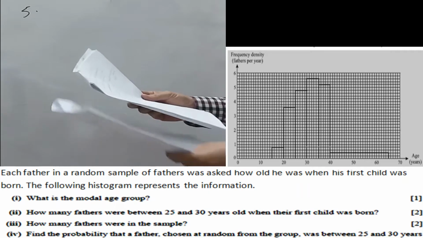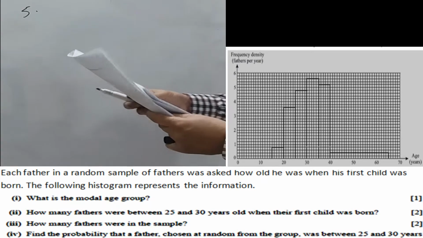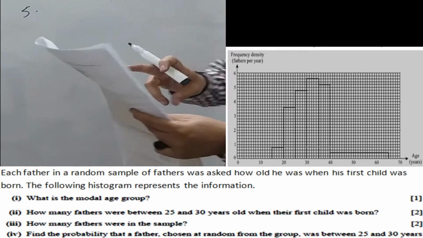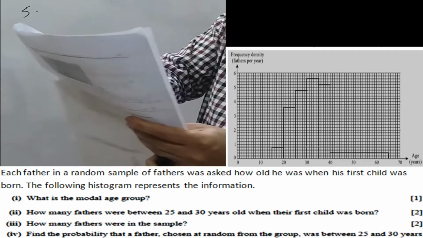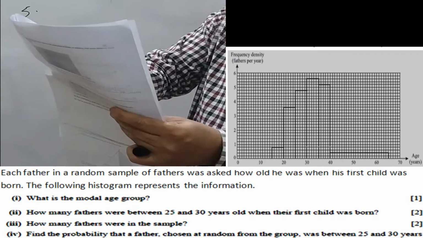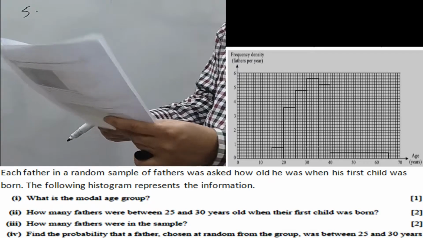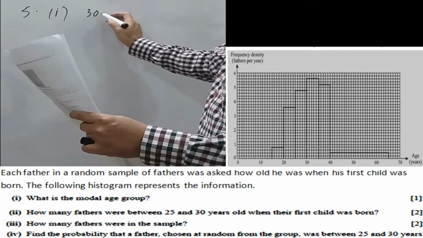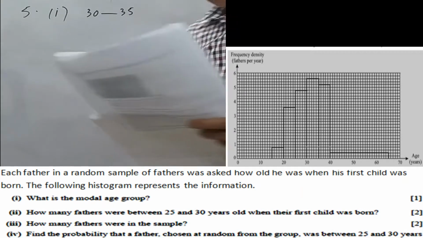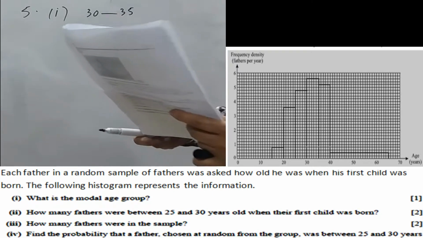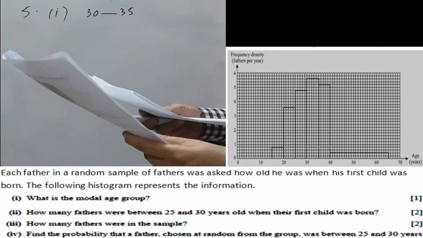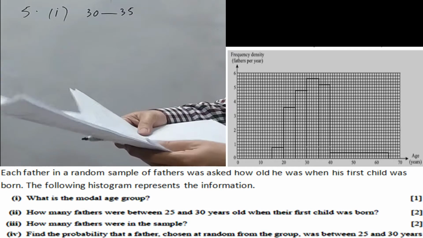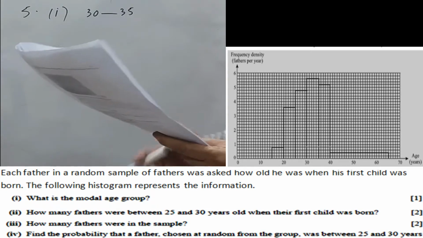Where does the mode lie? See that the rectangle whose height is maximum is 30 to 35. The rectangle with the highest frequency density, or highest height, will be the modal age group or modal class. So it is 30 to 35.